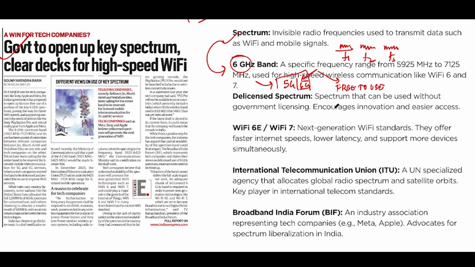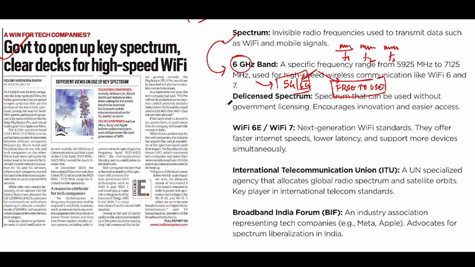So even if I create a router which transmits the data at 6 gigahertz, I will be allowed to do that. But am I allowed to transmit the data at the frequency on which Reliance Jio or Airtel operates? Not at all. And this is what Jio and Airtel were lobbying, to make it only reserved for telecom companies, whereas the government has given the power to every person in our country to use this to whatever purpose they want to use it.